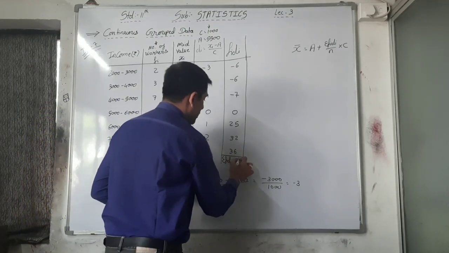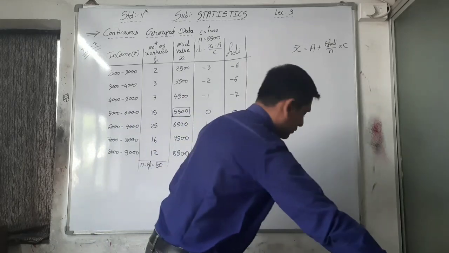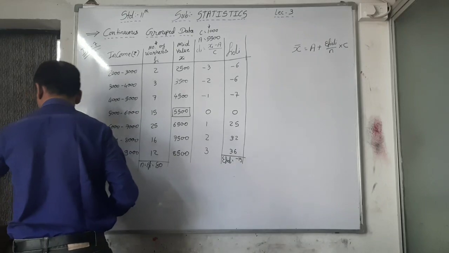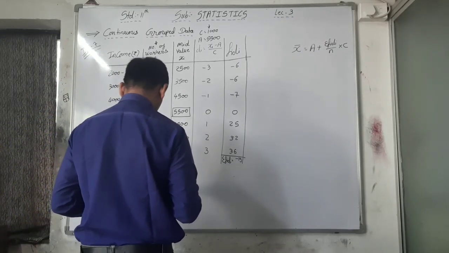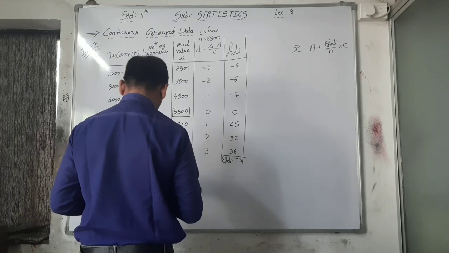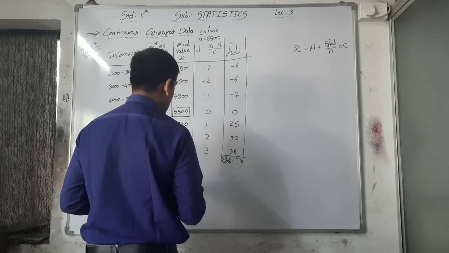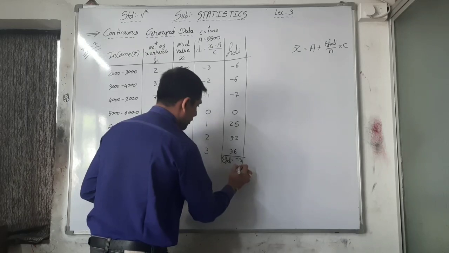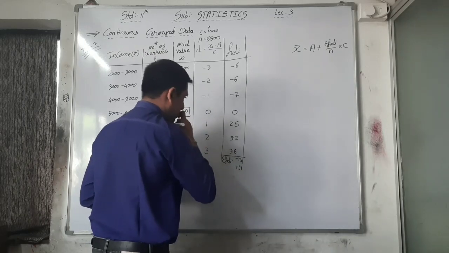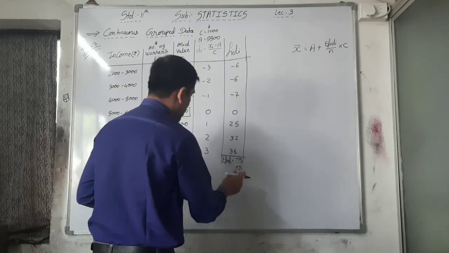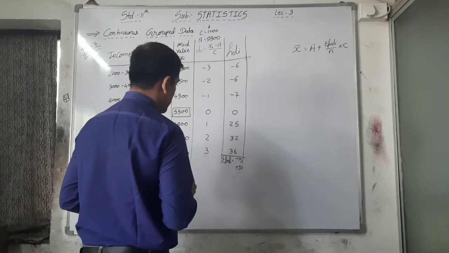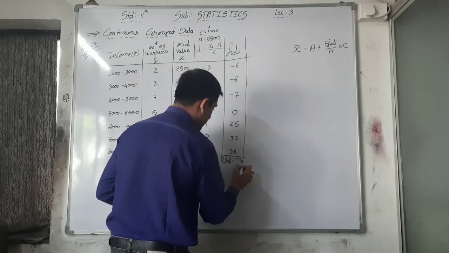Here minus 19, plus 93, sorry, it is 93.